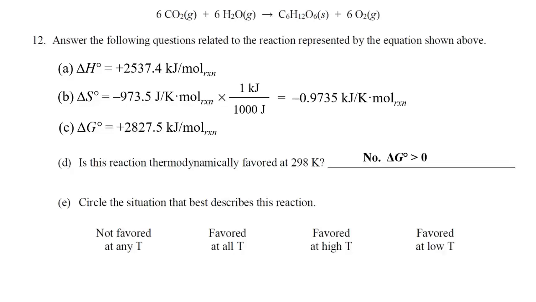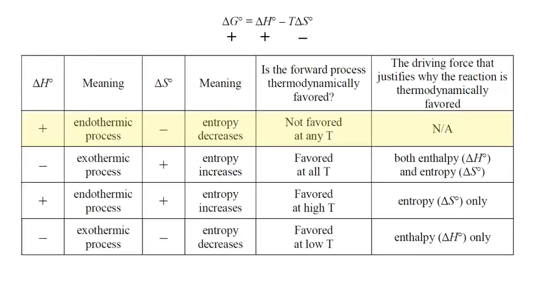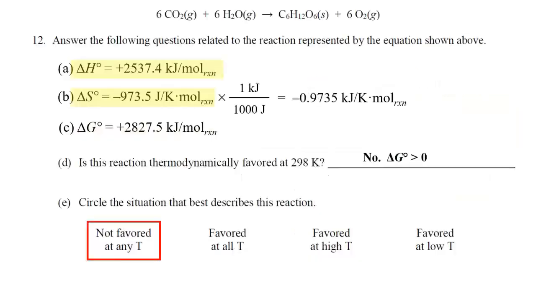So the sign of delta H is positive. The sign of delta S is negative. Let's go back to that table that I had mentioned earlier in the video and see where this situation fits. So positive delta H, negative delta S, that would mean that this process or this reaction is not favored at any temperature. So that is our answer to part E.